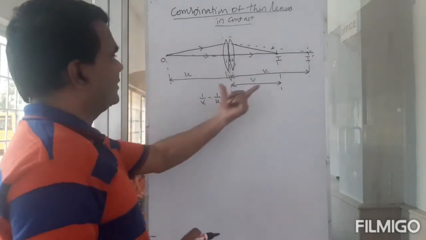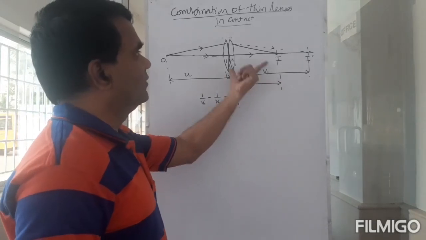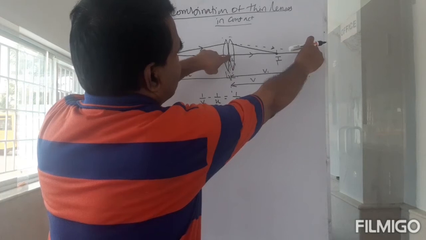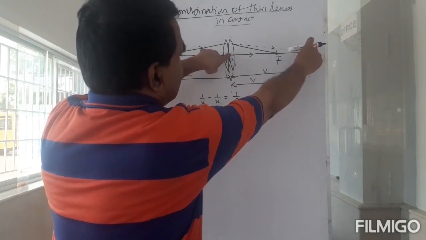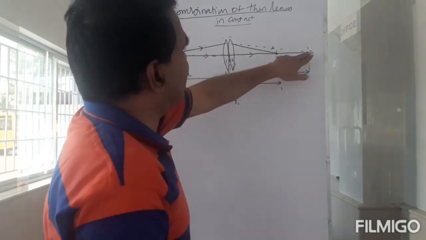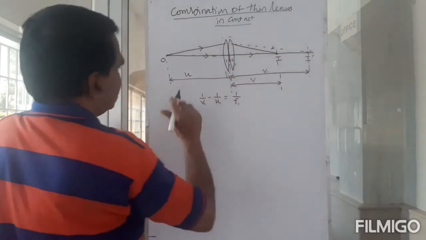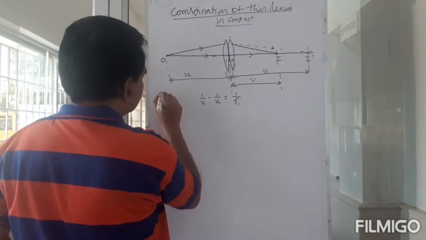And for the second lens, which is the V, this is the V, right? Which is U, this is the U. So this is the U for the second lens, and this is the V for the second, because it takes the object from there and then forms the image here. So for the second lens, this is for the first lens.